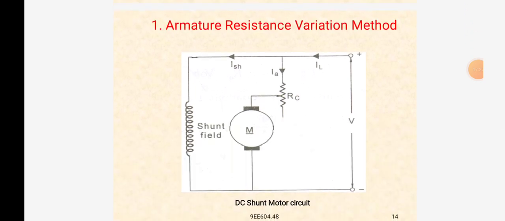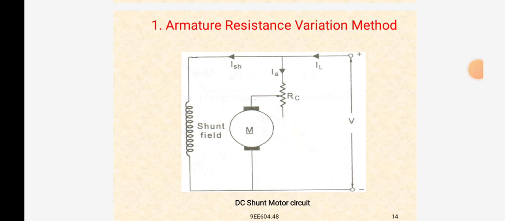This is the first method, that is the armature resistance variation method. We can control the speed using the armature resistance method. In this method, a variable resistance RC, that is the rheostat, is connected in series with the armature winding.